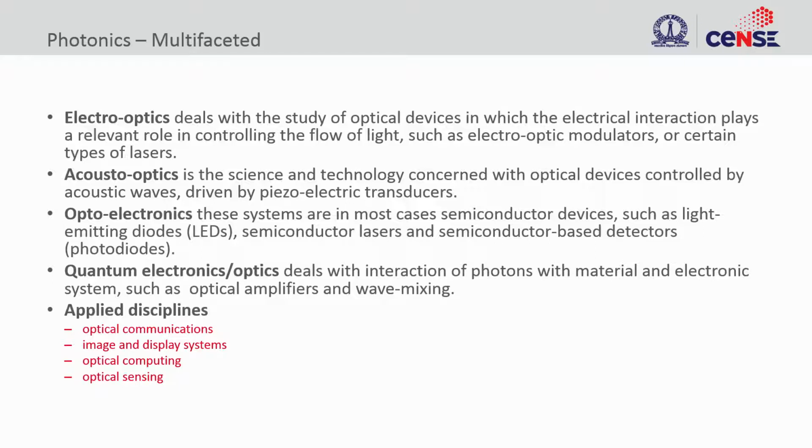And then imaging and display technology, optical computing, and optical sensing. These are all the application domains that developed because of the modern advancement that we saw, both in terms of generating light, transporting light, and manipulating light. So, they all eventually end up in very interesting applications of light.